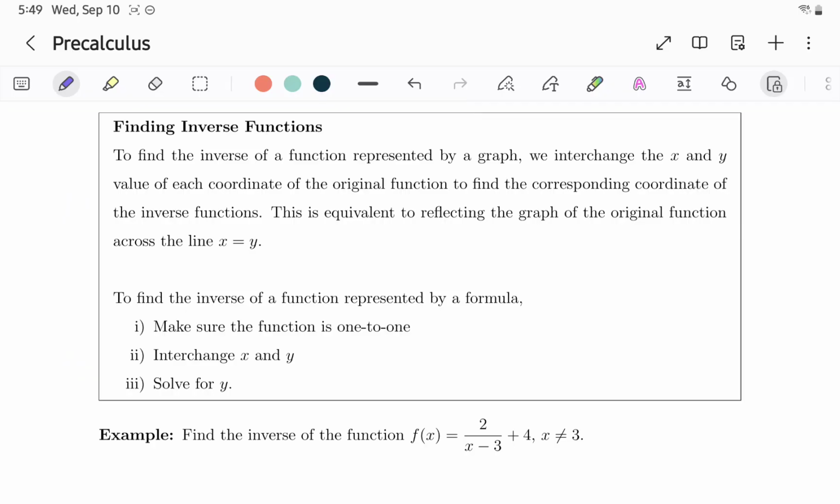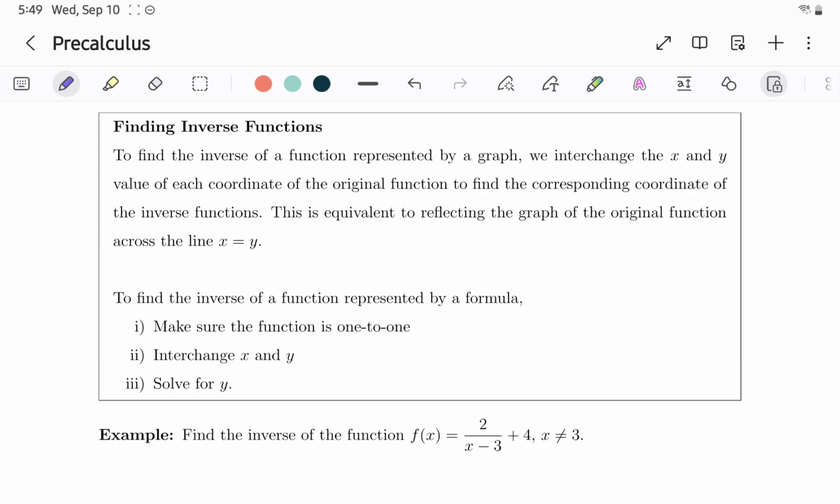But if we are trying to find the inverse of a function represented by a formula, well, that's going to be sort of like a three-step process, if you will. So first, we want to make sure the function is one-to-one. We can check that with a graphing utility if we want to, and just verify that its graph will pass the horizontal line test, confirming it's one-to-one.